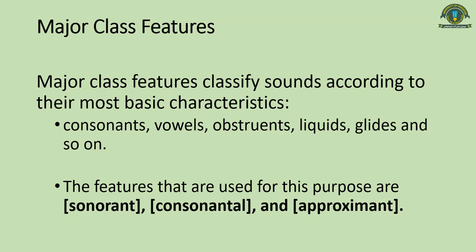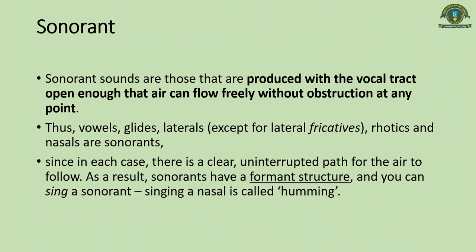Now these are some of the major classes, and the features that are used to describe these major classes are sonorant, consonantal and approximant features. We will look at each of them in detail. The first feature that is used to describe the major classes of sounds is sonorant.